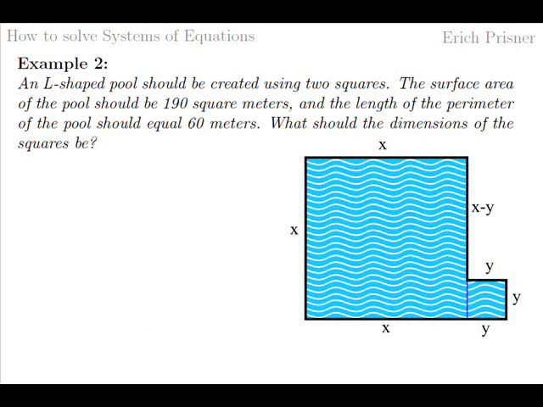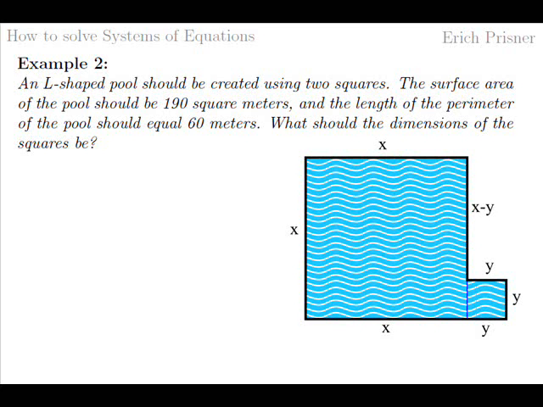Our next example shows that the substitution method can also be applied in nonlinear cases. An L-shaped pool, as shown here, should be created using two squares. The surface area of the pool should be 190 square meters and the length of the perimeter of the pool should equal 60 meters. What should the dimensions of the squares be? Let x and y be the bases of the squares, x being the larger one.